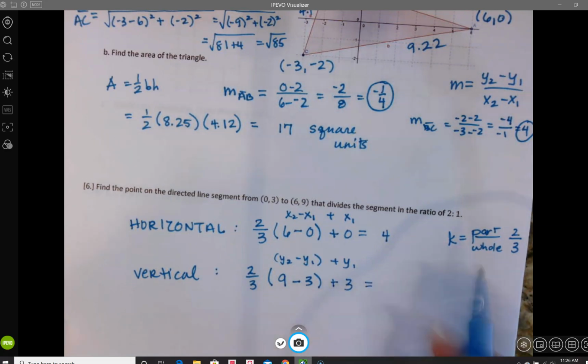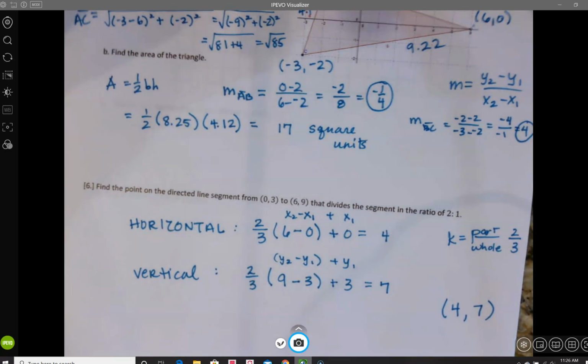So 9 minus 3 is 6. 2/3 of 6 is 4. 4 plus 3 is 7. So the ordered pair of the point would be 4, 7.